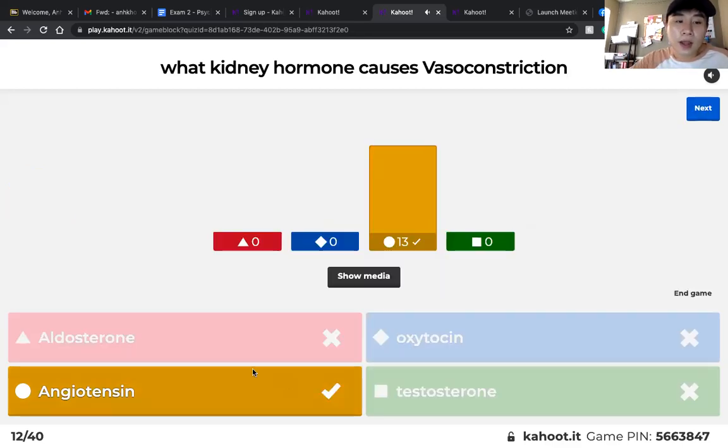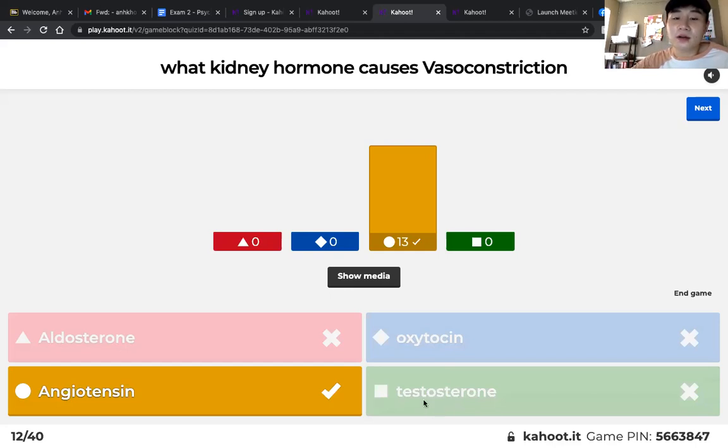All right, so we cross out aldosterone at first because we know that aldosterone relates to the volume of the blood, where it increases sodium and leads to retaining water. Oxytocin is more dealing with OB, where it helps stimulate the uterus to help deliver the baby.